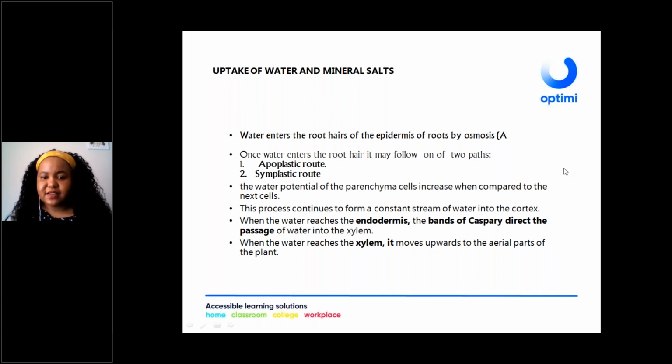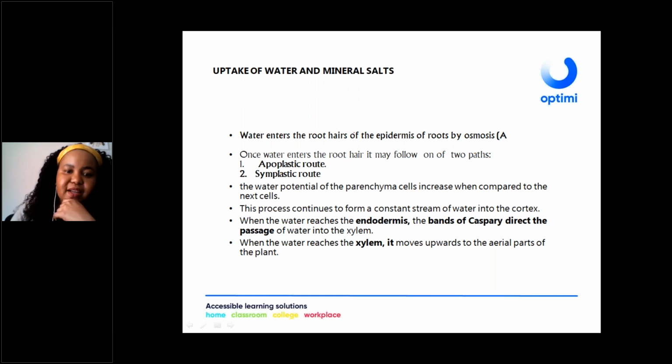So looking at this, in the soil, the soil is saturated with water and mineral salt, whereas the water potential of the cell sap is low.